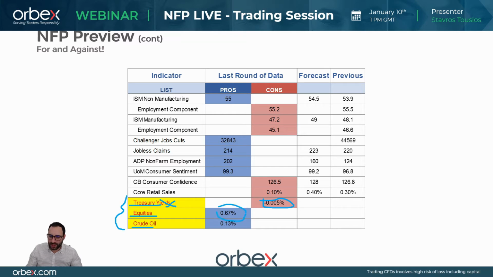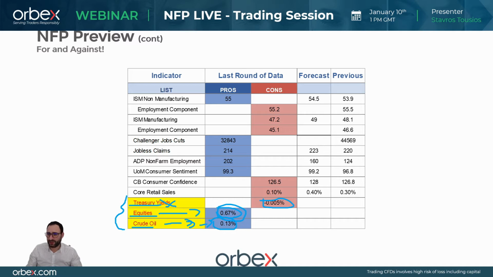Now, equities are up and crude oil is up. However, if we take into consideration the rally that the equities markets have had over the past few days, then I'm not sure I would take that into consideration today. Crude oil had a huge decline the other day, and this is like a short recovery, to be honest as well. So again, I'm not sure whether I'm going to pay much attention to the leading indicators this time.